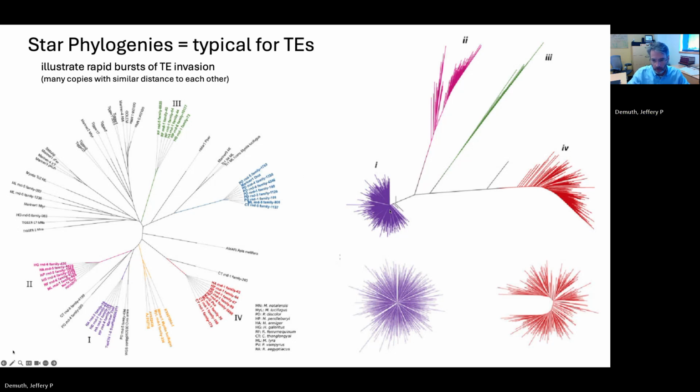So, right, these purple ones, you could say that these are things when we talk about exploding into the genome, it looks like there are hundreds of copies of this thing that all basically invaded at the same time, got shut down, and then started to accumulate differences from each other.